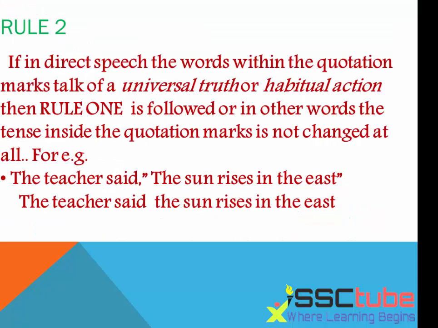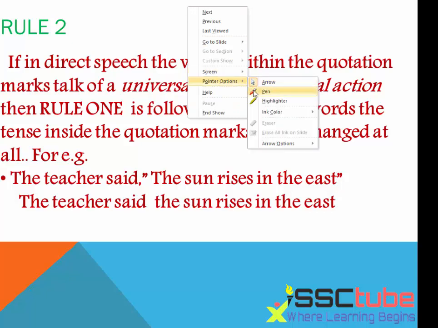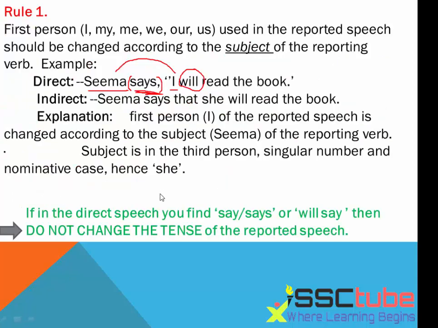If in the direct speech the words within the quotation marks talk of a universal truth or a habitual action, a universal truth, or a habit that you do every day, then rule 1 is followed. Rule 1 says do not change the tense of the reported speech.